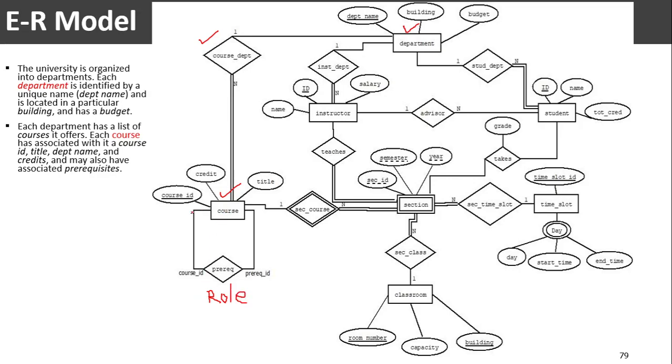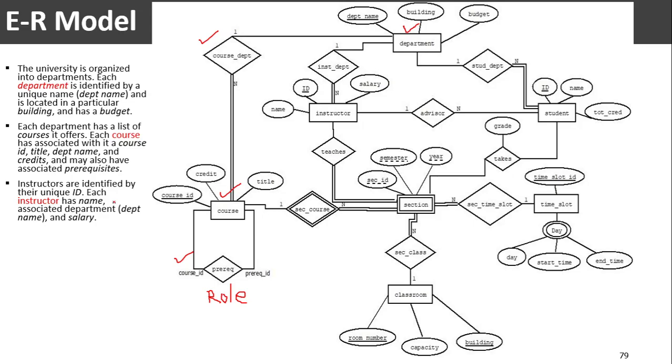This course is participating here as course ID, so this is labeled as course ID, and this course is participating in this relationship once again as the prerequisite ID. So we have labeled it as prerequisite ID. So this is how we are depicting it as a role. Okay, so one entity set course is participating more than once in this relationship set prerequisite. Okay, fine. So we have done with this.